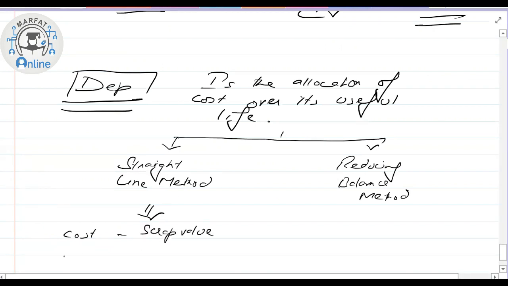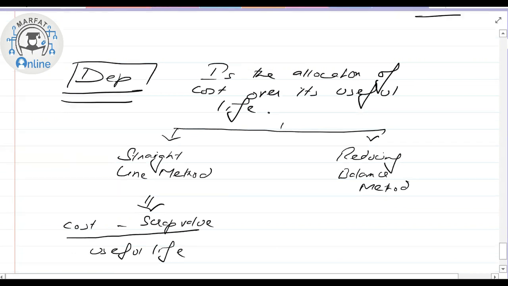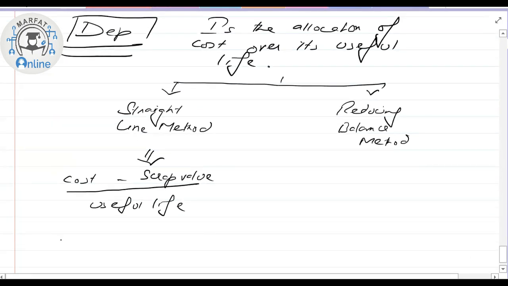Scrap value is also known as residual value, divided by useful life. Residual value or scrap value means the amount at which the asset will be sold after the useful life. So it gives you depreciation per year.